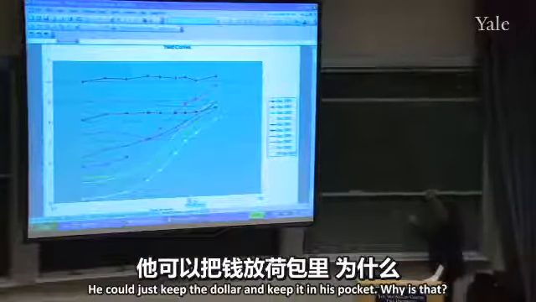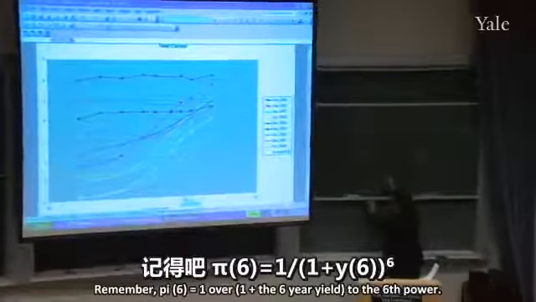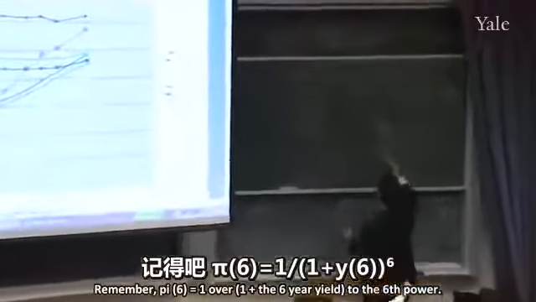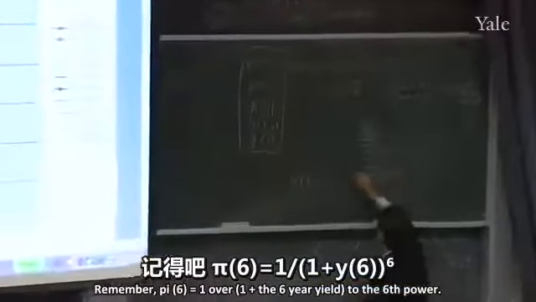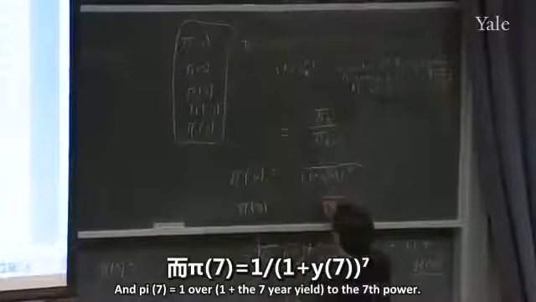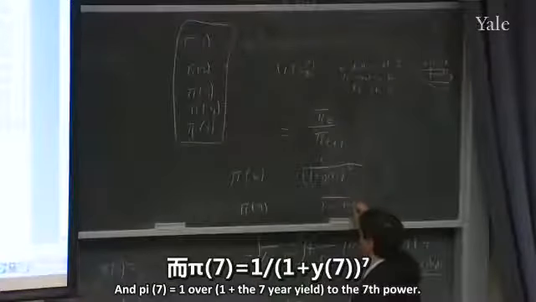Okay, so why is that? Remember, pi 6 equals 1 over 1 plus the 6-year yield to the 6th power, and pi 7 equals 1 over 1 plus the 7-year yield to the 7th power.